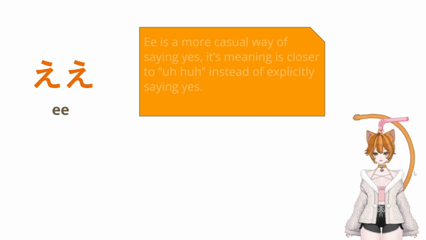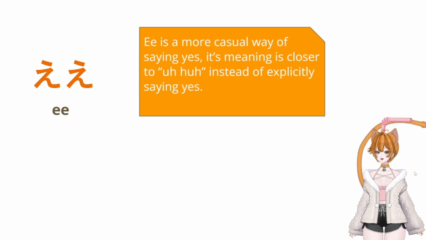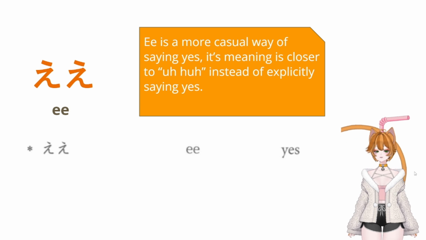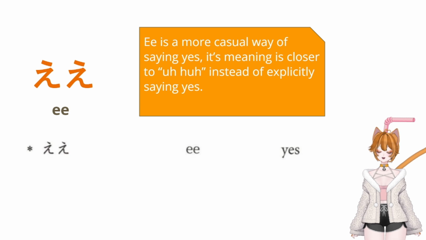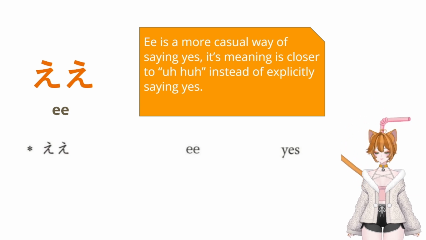Alright, our next one is going to be e. E is basically just going to be a more casual way of saying yes. Its meaning is a bit closer to uh-huh instead of explicitly saying yes. So I would really only use this in very casual situations.